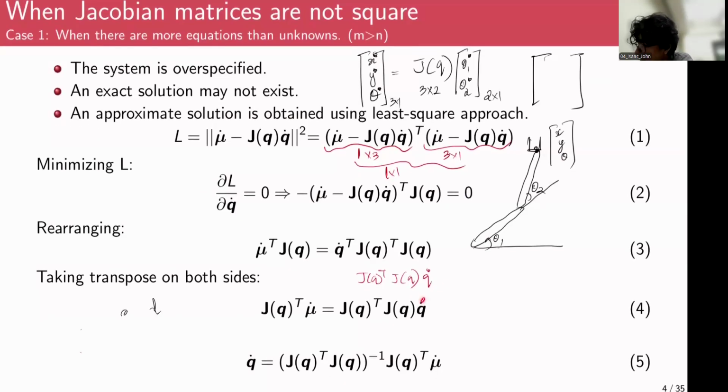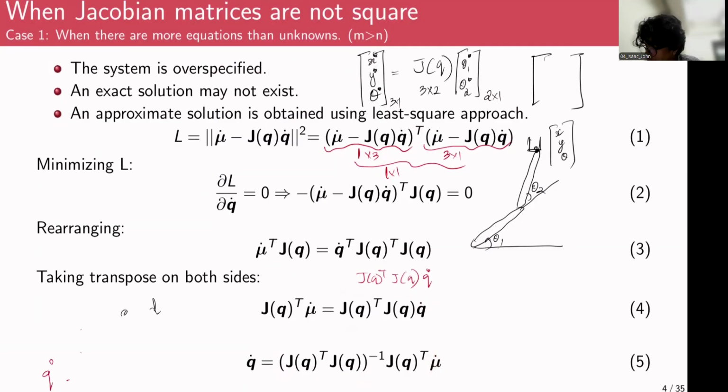All right. So now, if you take these two terms to the other side, you will end up with an expression for q dot, which is nothing but this big lengthy expression multiplied by mu dot. So I'll write it in a simplified manner.